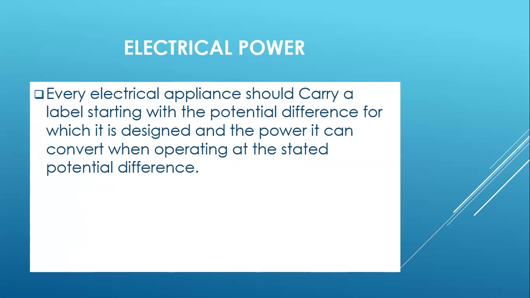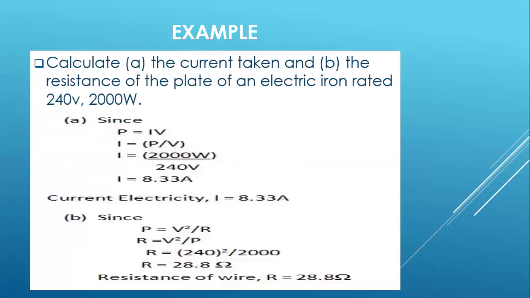Now let's see an example according to the formula which we've seen before, that is power is equal to voltage times current. Example: calculate A, the current taken, and B, the resistance of the plate of an electric iron rated 240 volts and 2000 watts. We'll start with the first one, calculating the current.